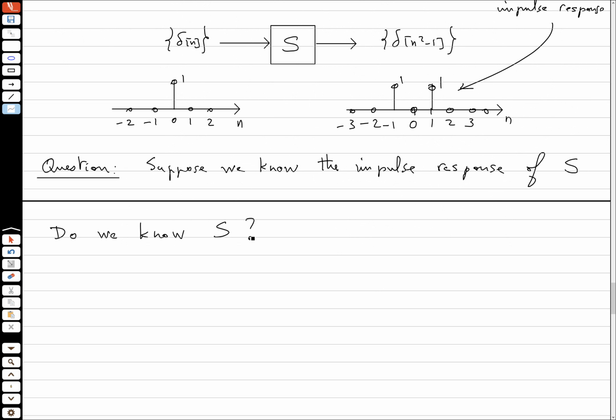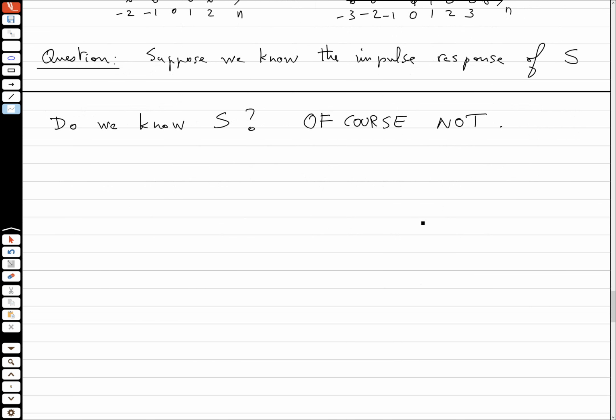Of course not. Because we know S only if we know the response of S to any input. It's like if I say f of 1 is 2, do you know f? No. You know almost nothing. Same thing. If you have a system and you only know one input, you know nothing about that system, right? So you agree this is a stupid question. You don't dare to say it, but yes, it is. Of course not.